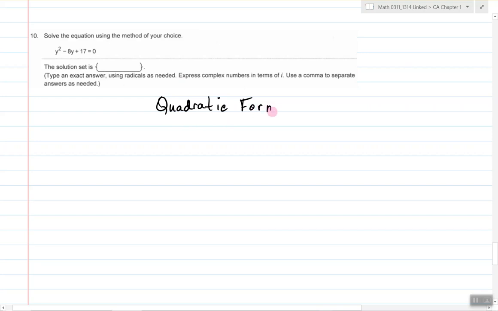You could have used completing the square, but I wanted to try something different. I have a is 1, b is negative 8, and c is 17. This time it's y equals instead of x.